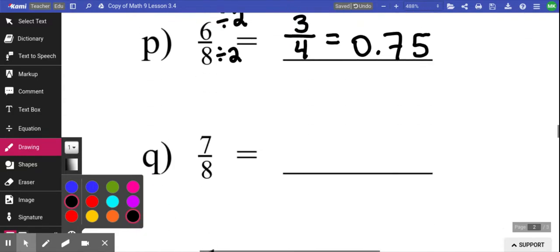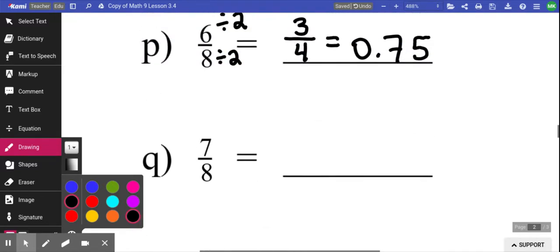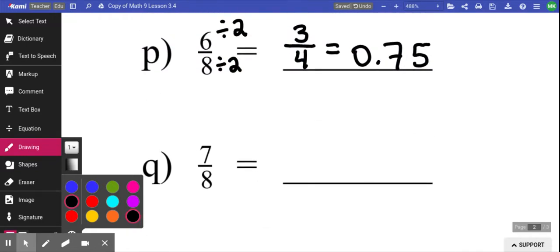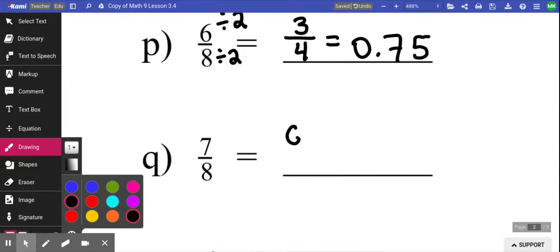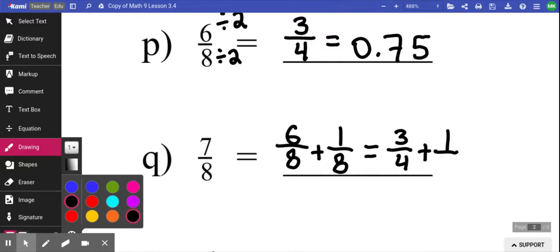Seven eighths. I have no idea what 7/8 equals, but I do know that I could break 1/8 away and make it 6/8 plus 1/8. That's the same thing as saying 3/4 plus 1/8. And those are two things I do know. 3/4 is 0.75. 1/8 is 0.125.